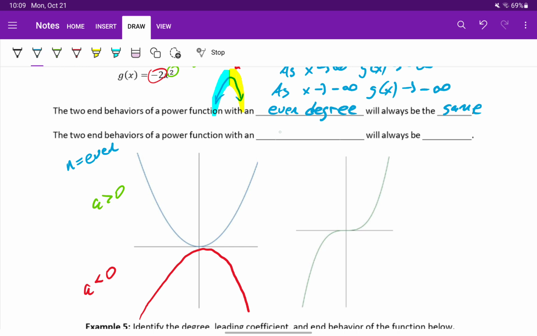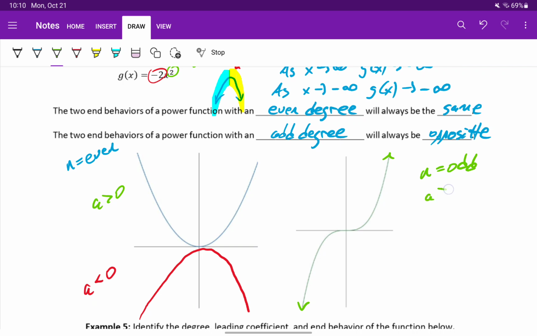And then if we have a power function with an odd degree, so 3, 5, 7, 9, and so on, the behavior will always be that they open in opposite directions. So we can see with this function g of x, if n is some odd value, then on one end, our function is headed to positive infinity, the other it's headed to negative infinity.